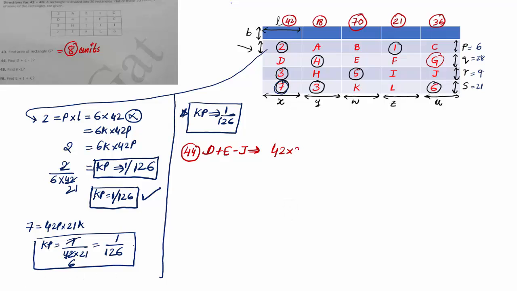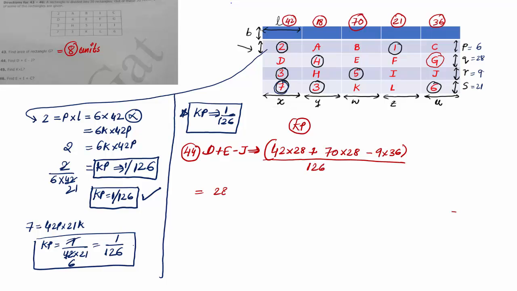I'm leaving that factor k into p, and I'll write it overall. I'll let you know. And what is E? E is 70 into 28, and minus J. This is J. What is J? 9 into 36. But I should not forget that factor, which is 1 by 126, right?